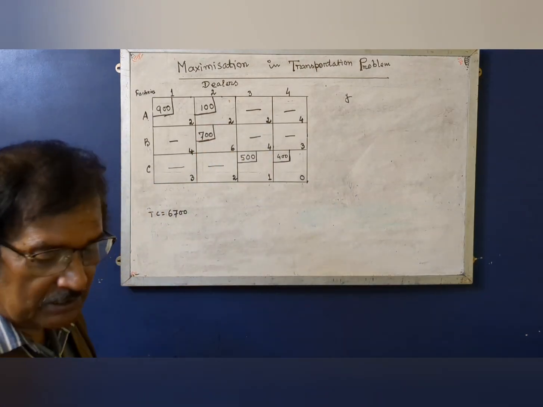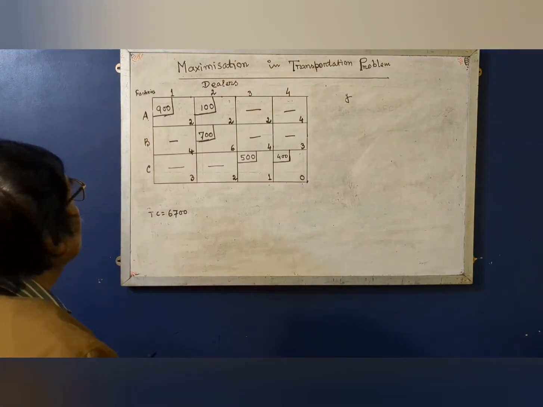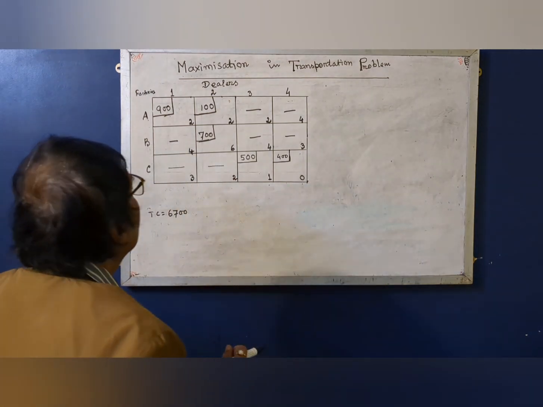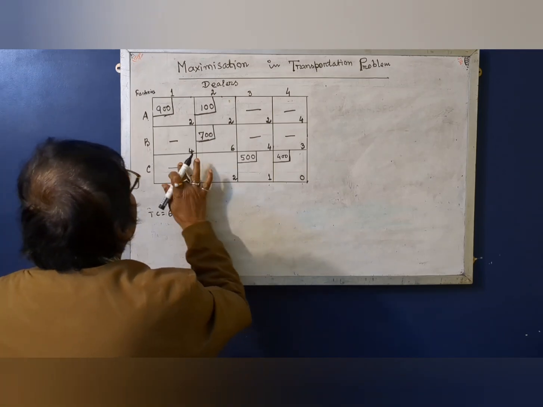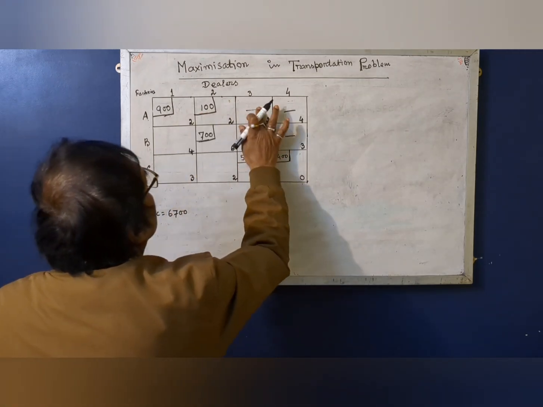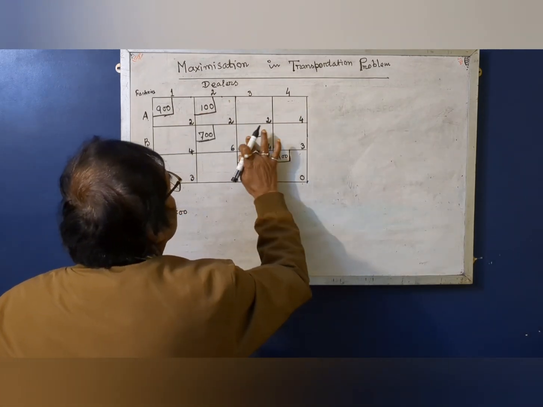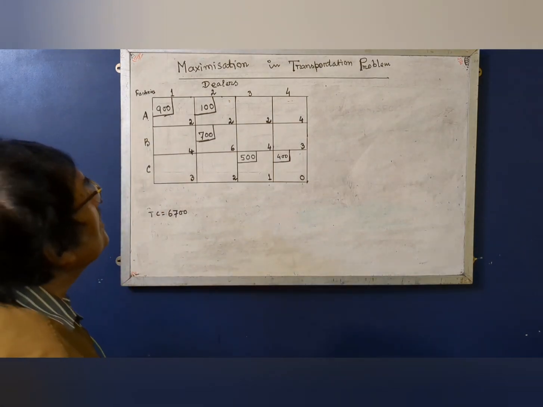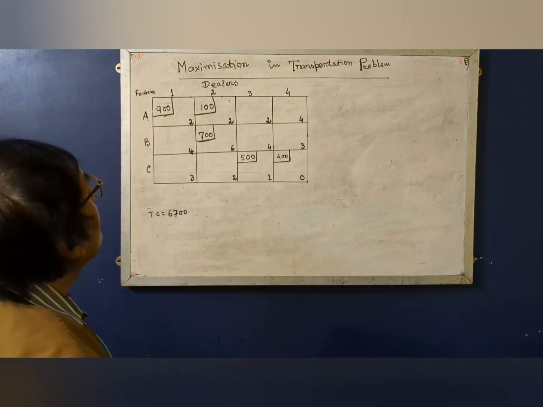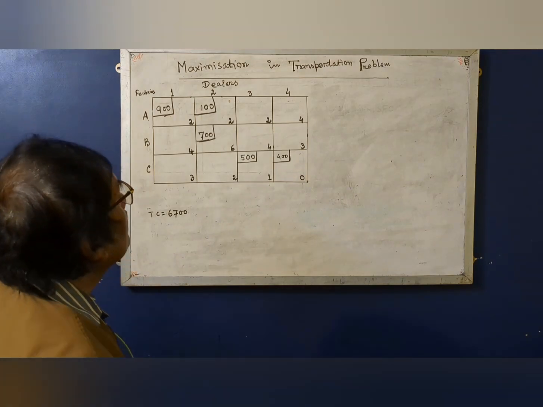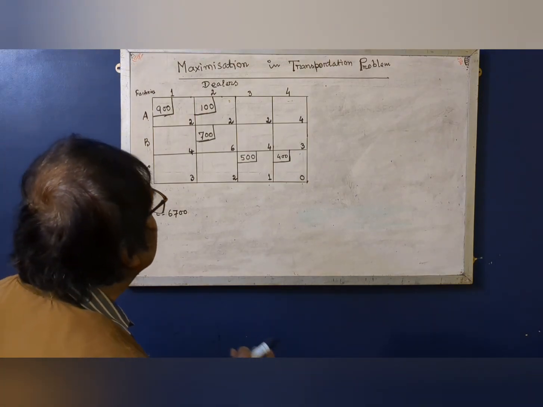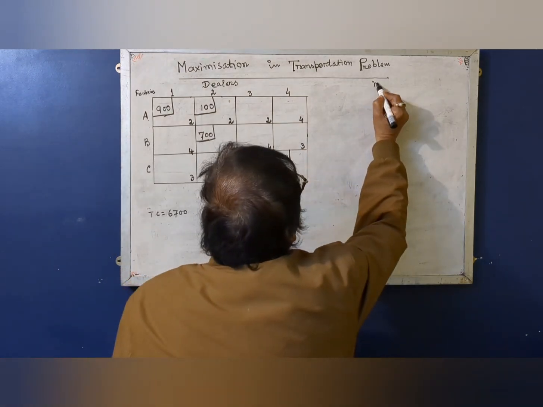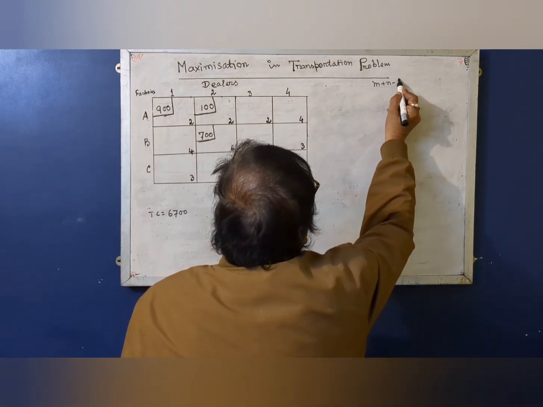This is the basic allocation matrix. Now I have to apply MODI. How will I apply it? I have already discussed. These are the basic allocations. To apply the MODI method, first of all, you must check whether the number of allocations is equal to m plus n minus 1.